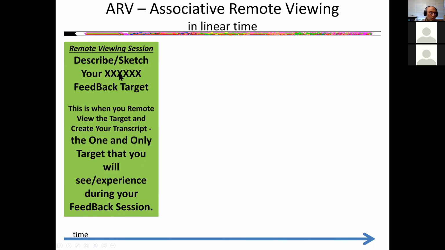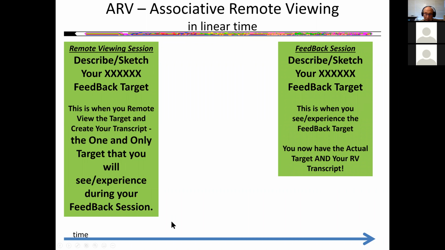Precognition has been shown over and over again to be real, and this is the remote viewing session. You simply describe and sketch your feedback target. You create a transcript which is intended to match the one and only target that you will see during your feedback session. So in linear time, this is the first thing that you do for an ARV prediction.